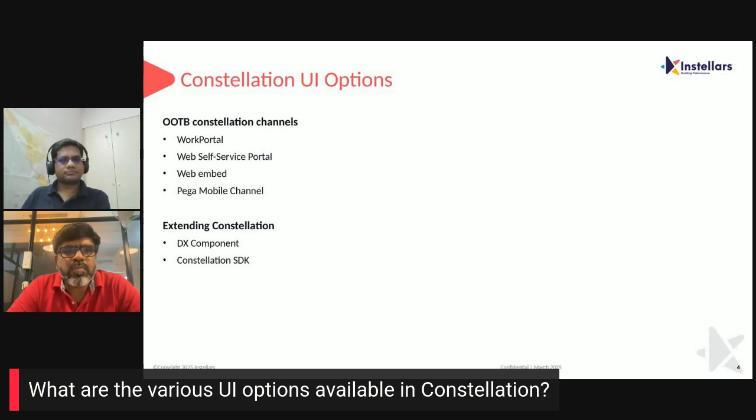Manju? I just wanted to highlight the DX component. If you want to provide a custom front-end experience rather than the model-driven, prescriptive UI authoring from the Constellation architecture, and you want to display something else, that is when you create a DX component and make use of the React.js code, the Constellation design system, which has pre-built components and patterns built on React, to build the custom front-end experience.